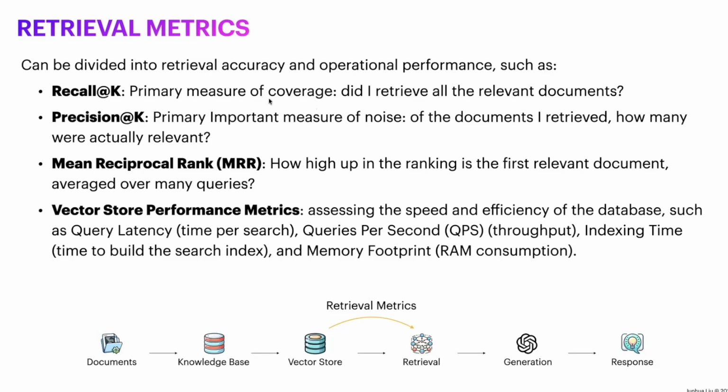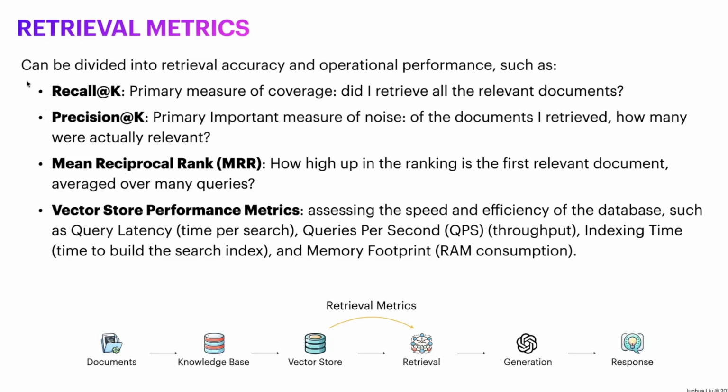This focuses a lot on coverage, whereas precision at K measures the noisiness of the retrieval. That means out of all the documents or information we retrieved, how many pieces were actually relevant? These two measure the performance of the retrieval from different perspectives.